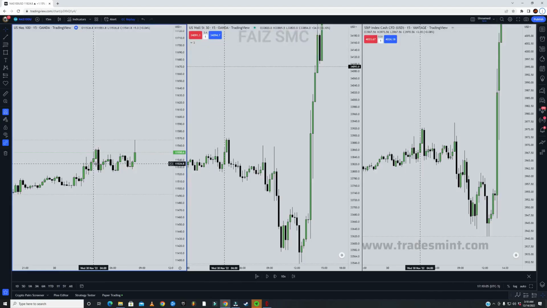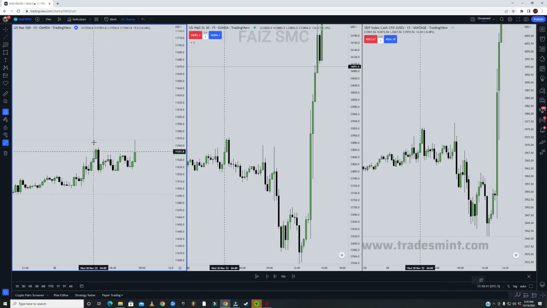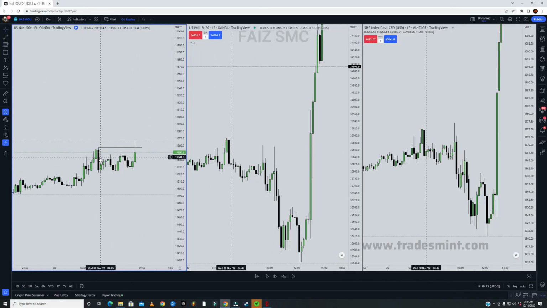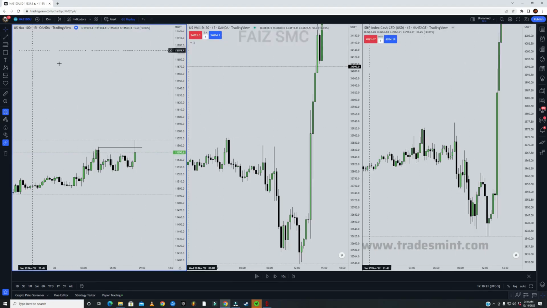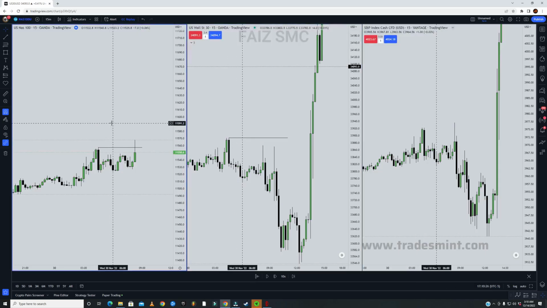So you can see over here we have higher high, higher low, higher high on NAS 100. So yes, we swept the liquidity here. Over here you can see this, right? If I measure from this candle, we could not break this candle high here, just like NAS 100 did, right?